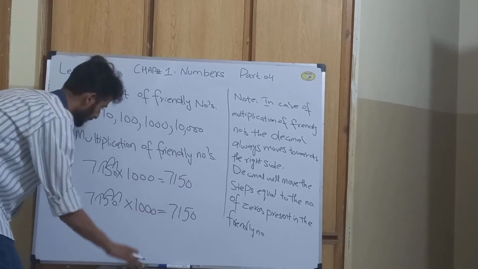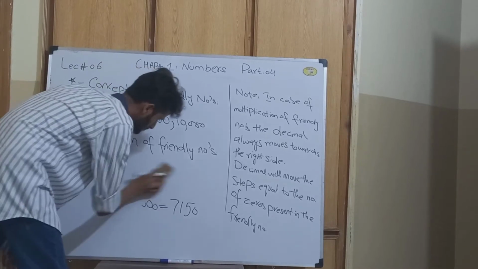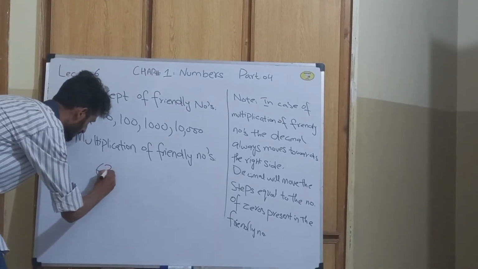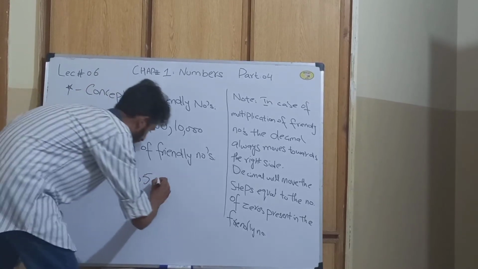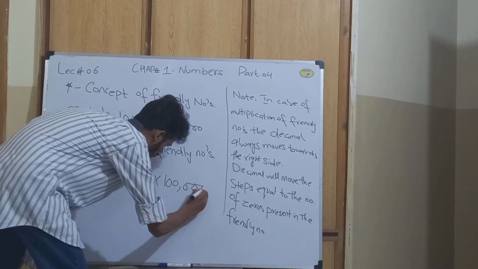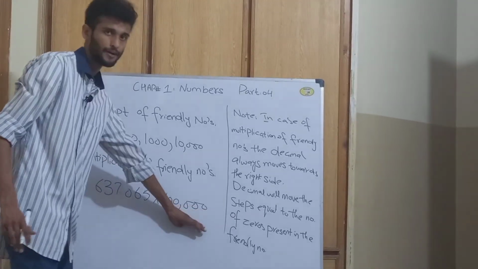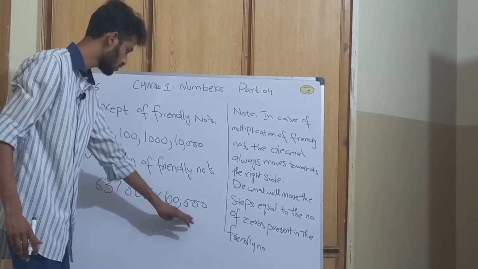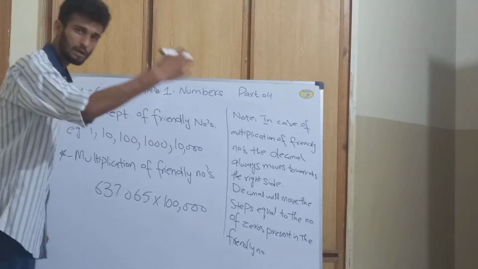Let's do another example. For example, we have the number 637.065 multiplied by 100,000. So here we have 5 zeros in this friendly number, so the decimal will move 5 steps forward.